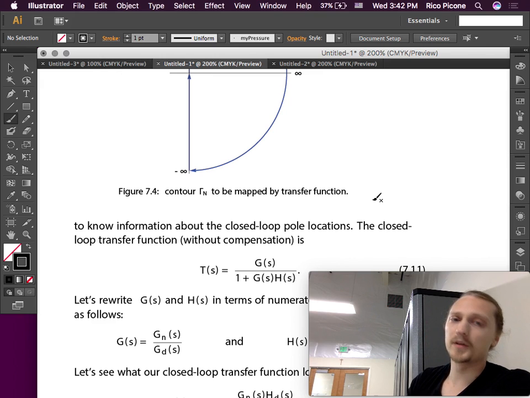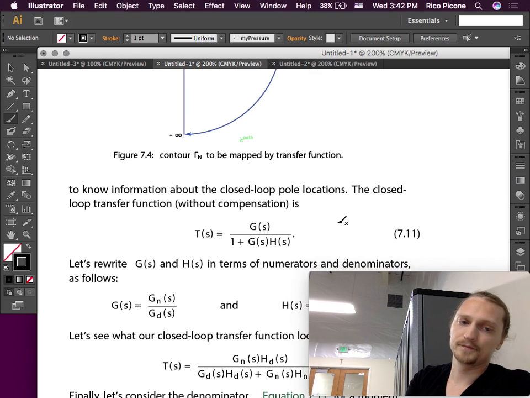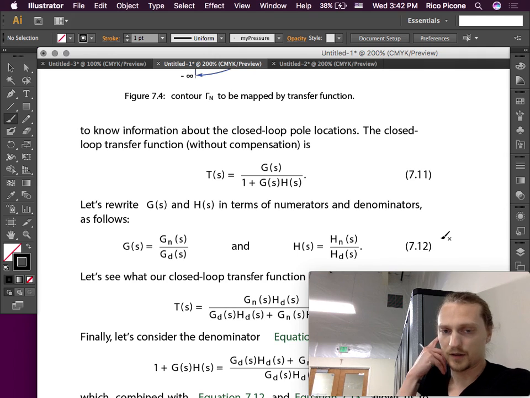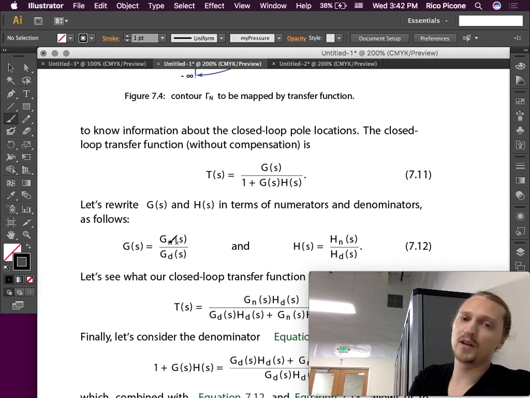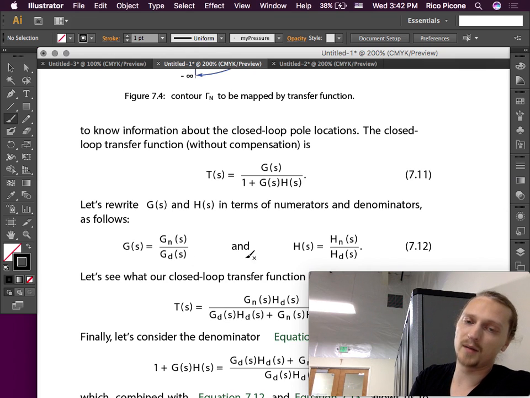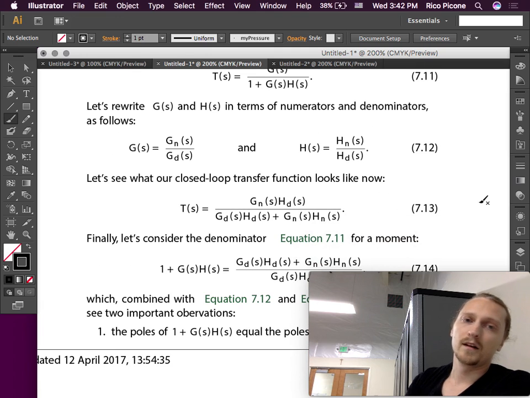The closed loop transfer function without compensation is G over 1 plus GH. Let's write G and H in terms of numerators and denominators. G sub N is the numerator of G, G sub D is the denominator, and the same with H. Let's see what our closed loop transfer function looks like now.